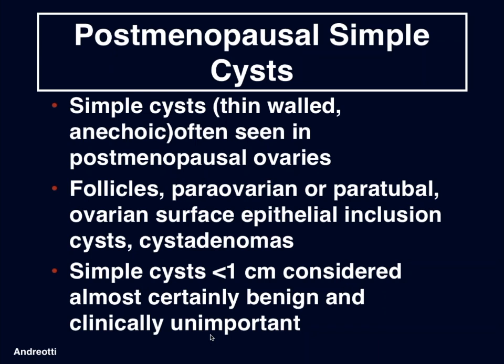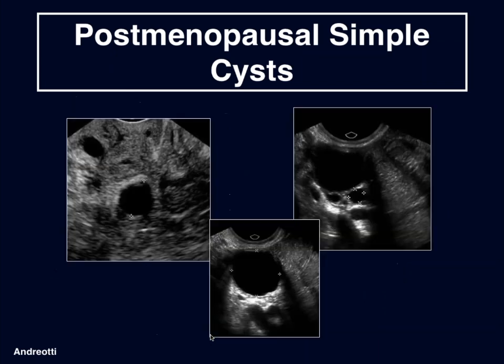And generally, these cysts are benign, and it is considered that simple cysts that are less than 1 centimeter are almost certainly benign and clinically unimportant. An example of several different simple appearing cysts within a postmenopausal ovary.